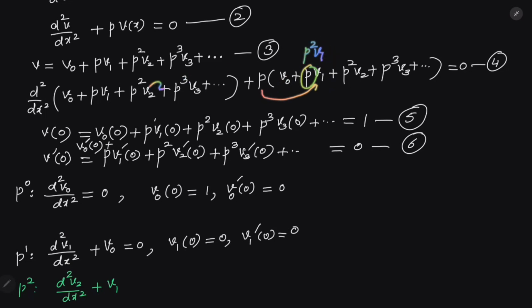So the coefficient of P square is dV2 by dx, and then we have V1. So this is V1, and that will be equal to 0, and we have V2 from here. V2 0 is equal to 0, and then we have V2 dash 0 is equal to 0.